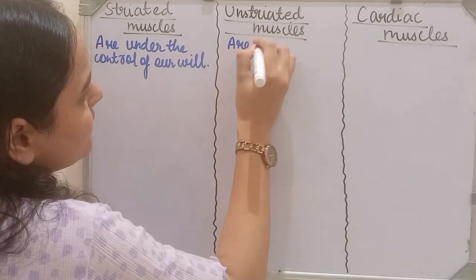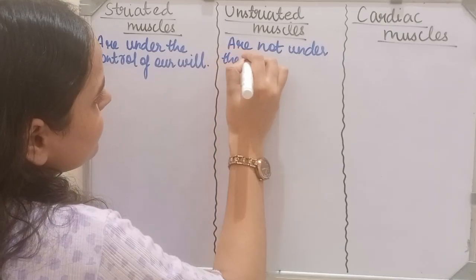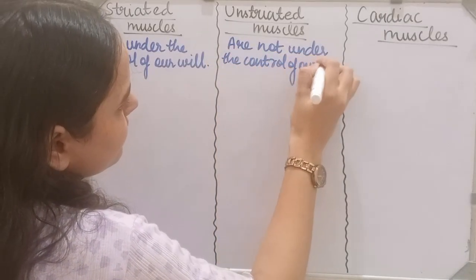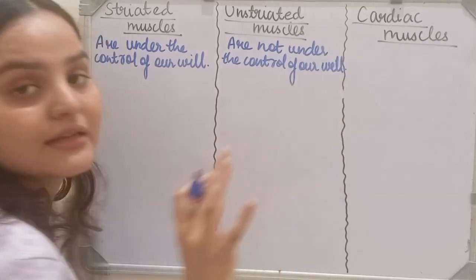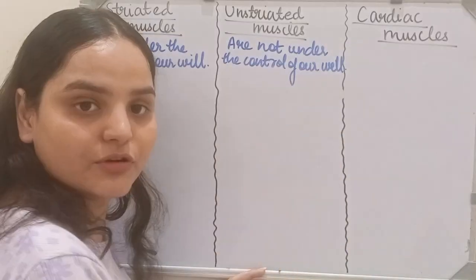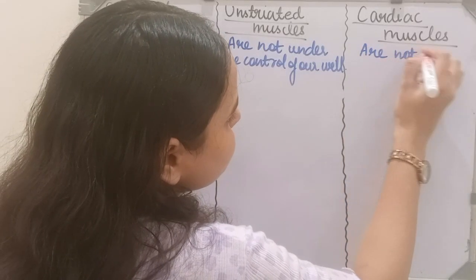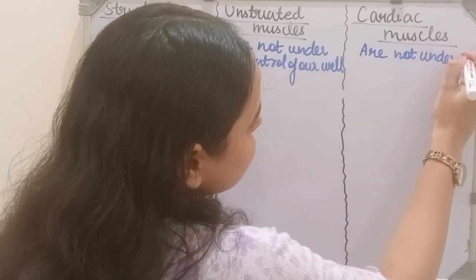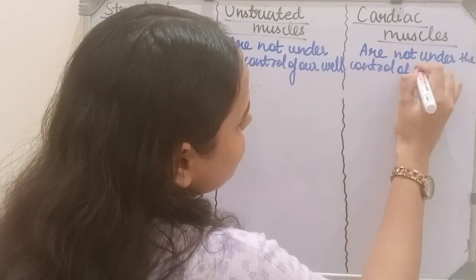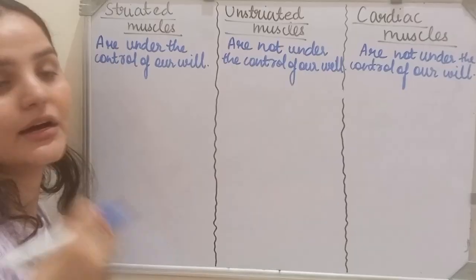So are not under the control of our will. We'll see the examples, okay? Now, cardiac muscles are the muscles which are also not under the control of our will. So, let's write it. Are not under the control of our will.